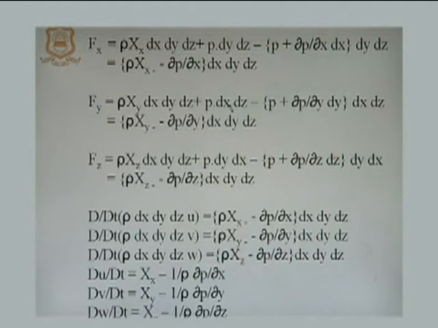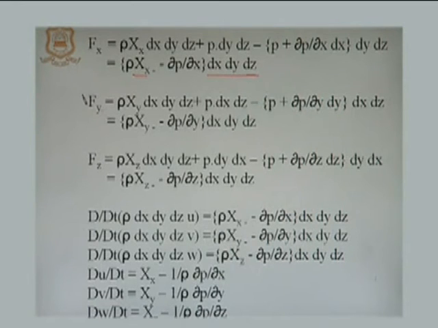With the help of the figure and by defining the body force, we can write the net force acting in the x direction for this parallelepiped. So, the net force acting on this parallelepiped in the x direction is equal to rho X_x minus del p over del x, into dx dy dz, and dx dy dz is basically the volume of this parallelepiped.